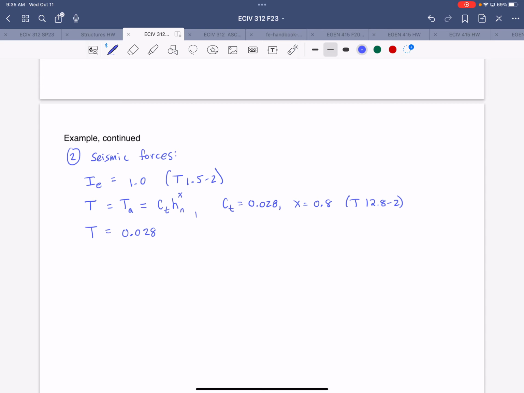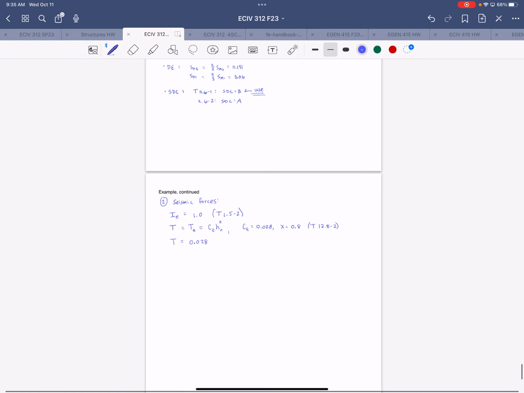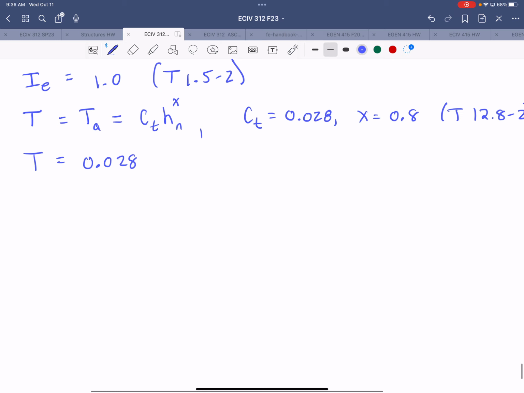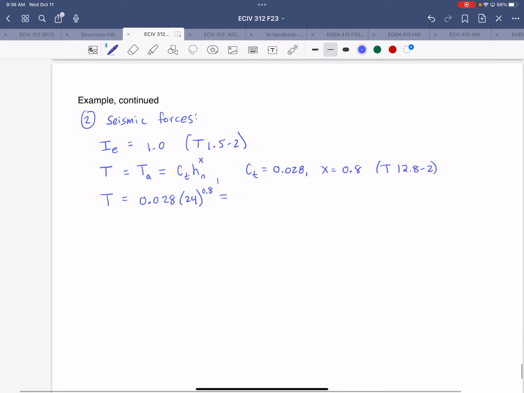Anyone remember what HN is? Yeah, it's the height to the highest diaphragm level above the base. In this example, we were given story heights of 12 feet each. So 24 raised to the 0.8 exponent gives us 0.36 seconds.